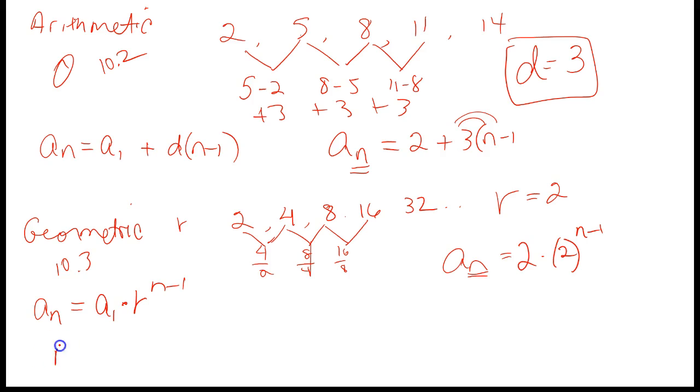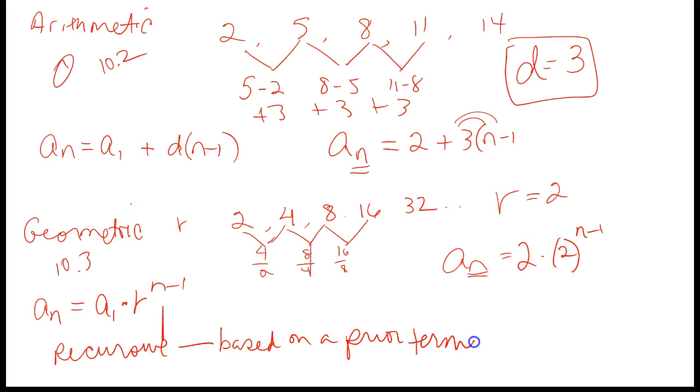Remember, we talked about recursive rules. Recursive rules are based on the term in front, a prior term, usually the one right in front of it. On your equation sheet, you have arithmetic and geometric.